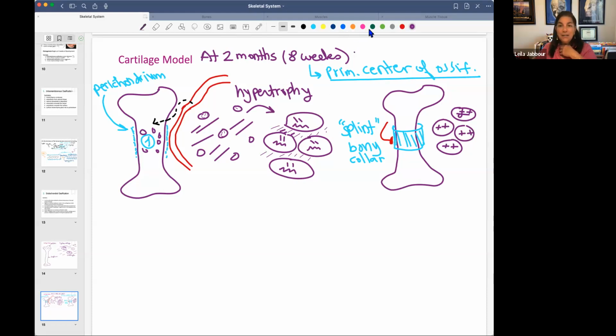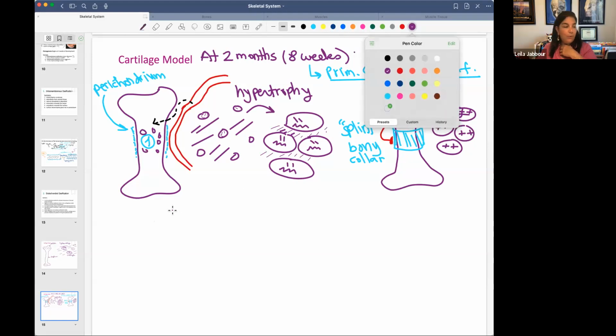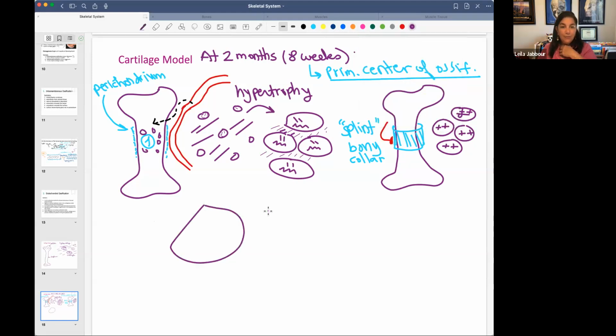So what happens next, I'm going to show you just the center, and I'm not going to draw the whole bone anymore. This is what happens next.